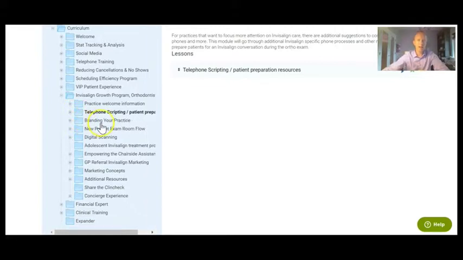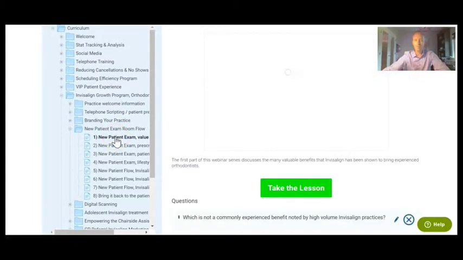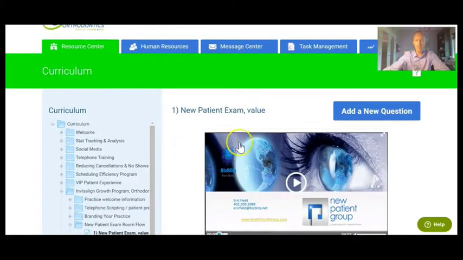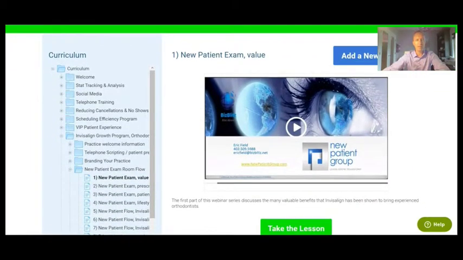All right, second area I'd have you take a look at, and this is really the biggest section where you'll work to implement ideas, and that's in the new patient exam room floor. We've got 8 sections in here, and they go anywhere from building the idea of why Invisalign, what's the value, what are the benefits that we can get from Invisalign being part of our practice. So obviously I already mentioned that the consumers are going there, but it's building a reputation.